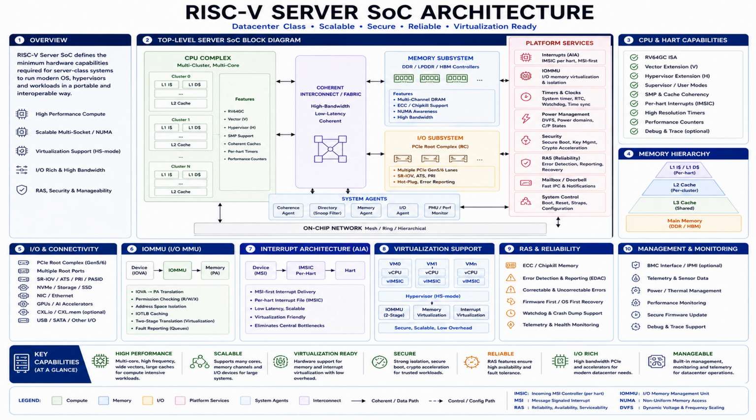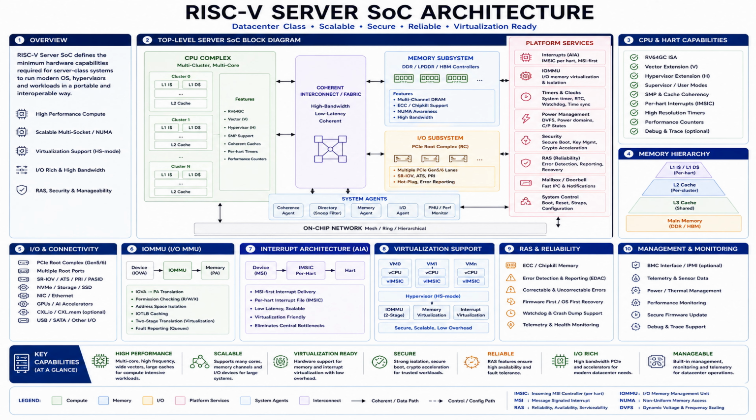This provides error detection and correction. RAS also includes fault reporting and logging, watchdog timers, and crash dump and recovery mechanisms. Last but not the least, telemetry and health monitoring. RAS ensures high availability and fault tolerance.